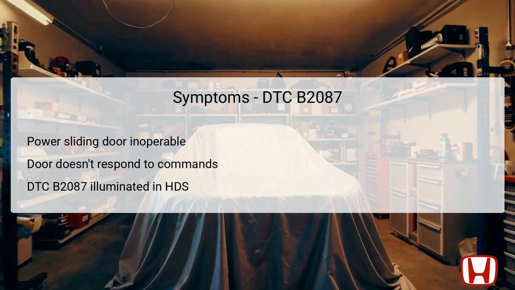Most importantly, the HDS, or Honda Diagnostic System, will illuminate the DTC B2087 on the display, indicating an issue that requires immediate attention. Recognizing these symptoms can lead to swift diagnosis and repair, ensuring the vehicle operates safely and efficiently.